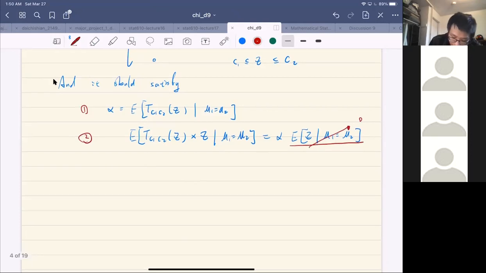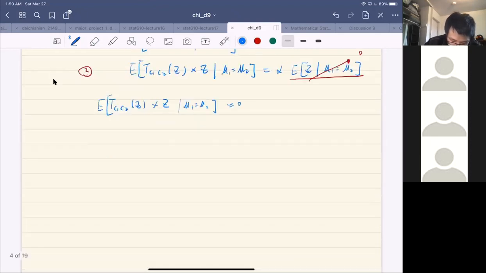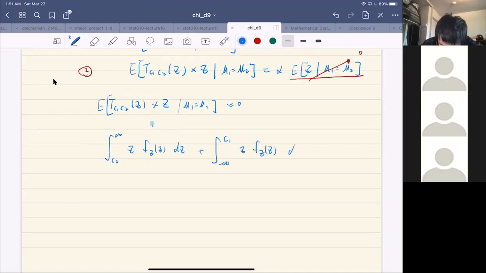So we have the integral from C2 to infinity of z f_Z(z) dz plus the integral from negative infinity to C1, and this is equal to zero.